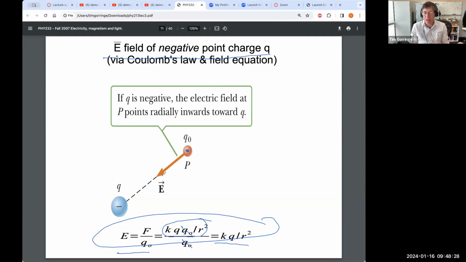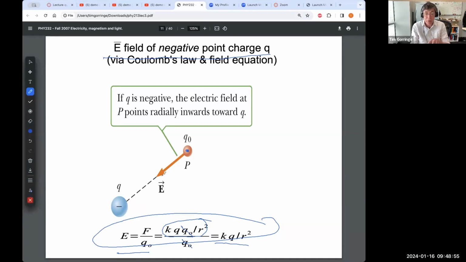So just to summarize all that, by combining the field equation and Coulomb's law, we've discovered the electrical field of positive and negative charges. We've discovered that the fields surrounding a positive charge or a negative charge are in proportion to the charge, Q. They fall off with distance from the charge as inverse square, as 1 over r squared.